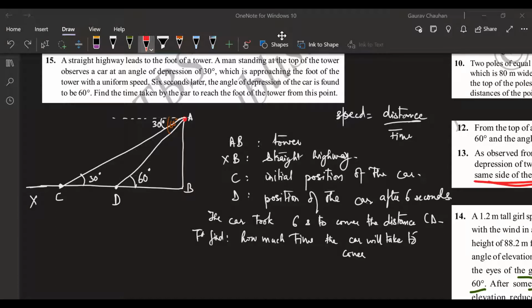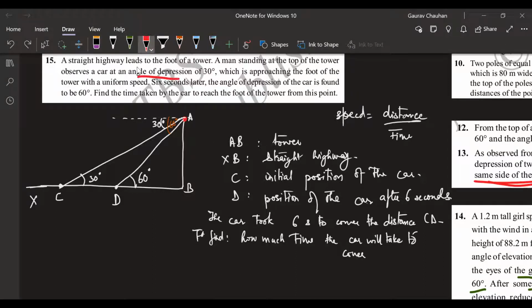Okay. Let's everyone take a breath. I'm going to read the question once again, and I want you to follow how I am trying to understand this English. A straight highway leads to the foot of a tower. A man standing at the top of a tower observed the car at an angle of depression of 30 degrees.